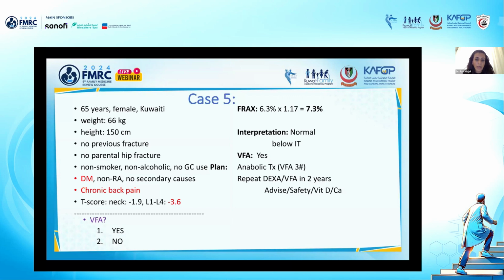We agree? Yes. Then there is a discordance between the L1-L4 T-score, which is negative 3.6, and the neck, which is negative 1.9. الفرق بينهم, if you subtract and نسوي calculation, 3.6 minus 1.9 is 1.7. Agree? صح؟ Yeah. صح. Okay.